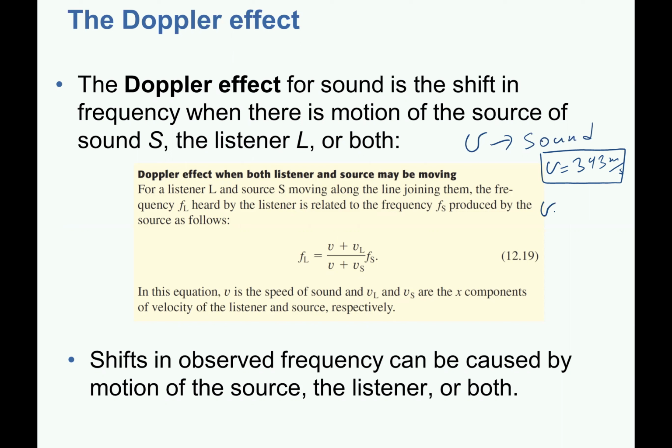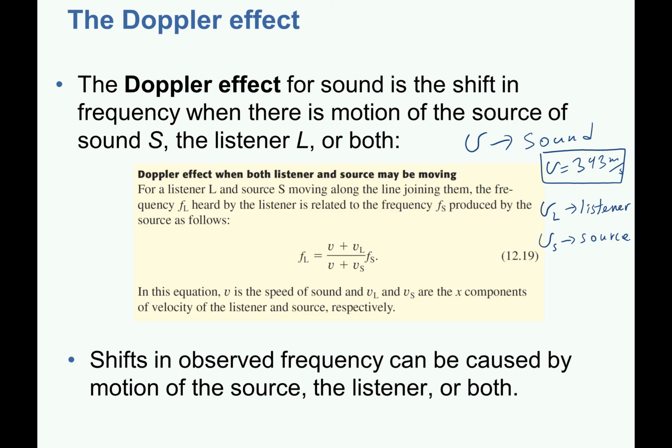Then you have VL, which is the listener, and you have VS, which is the source. If, for example, you're considering the siren of the ambulance, this will be the velocity at which the ambulance is moving toward you. So technically you can have the listener at rest and the source moving, or the source at rest and the listener moving, or the listener and source moving toward each other or away from each other. You can have different combinations. Okay. And here's then what we get.